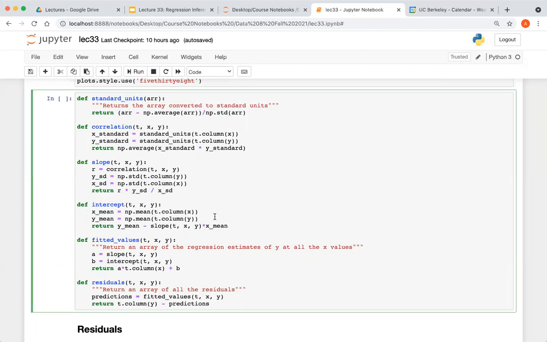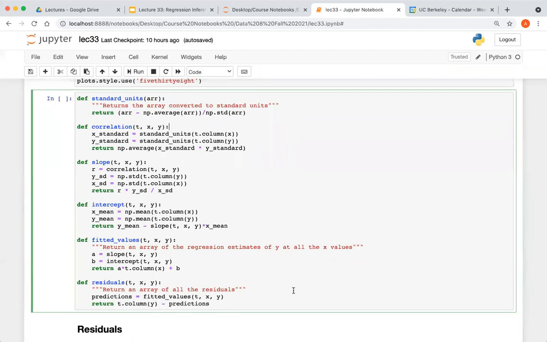And then you have two more functions that return arrays. One is called fitted values. It finds the regression predictions of Y based on X, and for every X in your data set, it returns the prediction. So it returns an array of predictions. And residuals returns the corresponding errors. Please note in what way the residuals are defined: it is the actual Y minus the predictions.